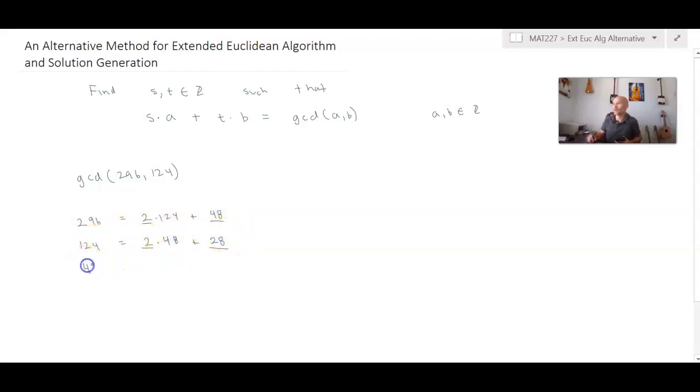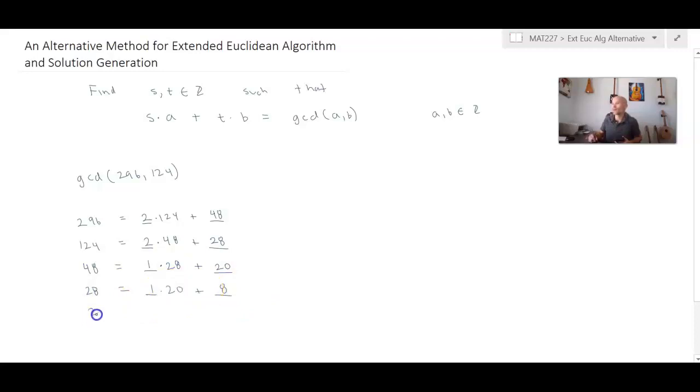So 48 is equal to some number of multiples of 28 plus a new remainder. Well, 28 only goes into 48 once, leaving a remainder of 20. And the GCD between 48 and 28 is the same as that between 28 and 20. 20 goes into 28 one time, leaves a remainder of 8.